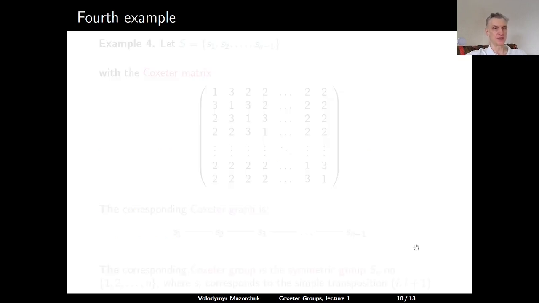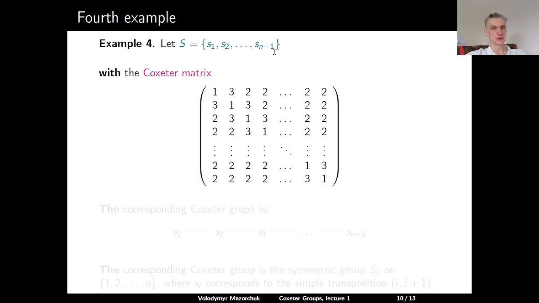Here's yet another example. Consider now the set S, which consists of S1, S2, and so on, S(n minus 1), and the corresponding Coxeter matrix. We have 1 on the diagonal. We have 3 on the diagonal just above the main diagonal and just below the main diagonal, and all other elements are equal to 2. So the corresponding Coxeter graph is the following.